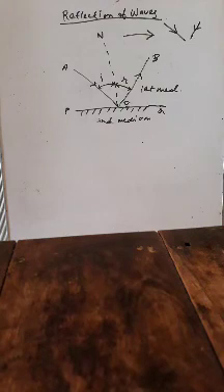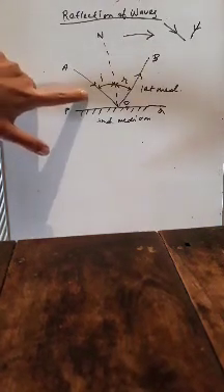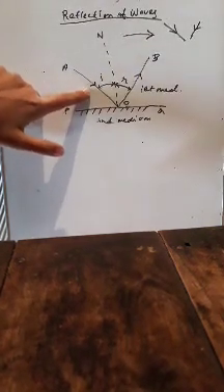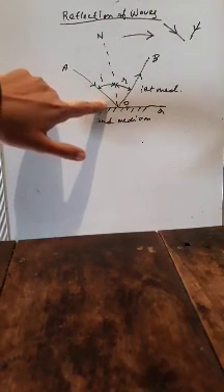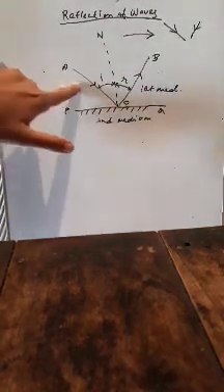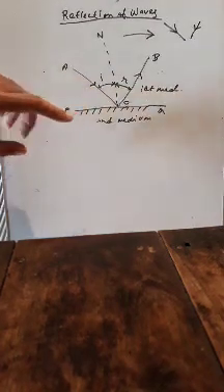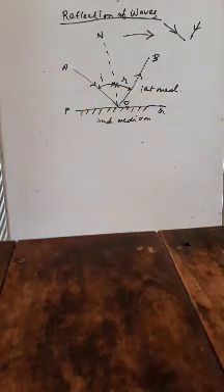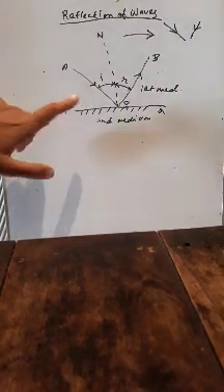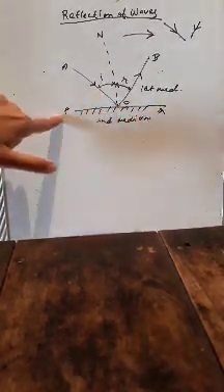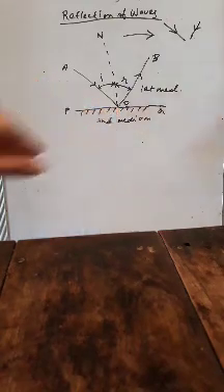Suppose that this ray is traveling from here through a medium. That means we are talking about the first medium. The wave is traveling from the first medium and is being incident at a point on the interface of the two mediums. That means we are talking about this part, where it is about to be incident.